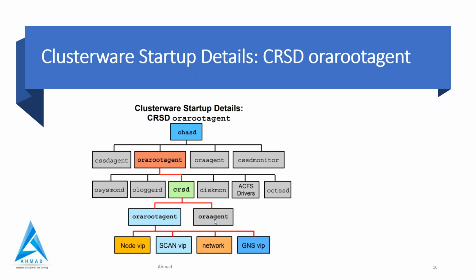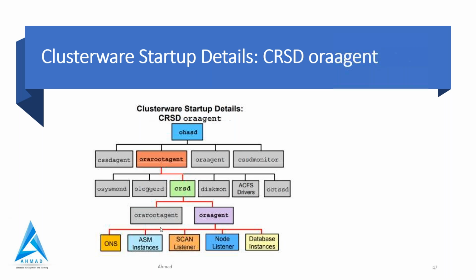Don't get confused by these two. OHASD starts an Oracle root agent and Oracle agent, and again CRSD will start an Oracle root agent and Oracle agent. But this one is different and that one is different. Don't get confused by these names, which come under OHASD as well as CRSD.